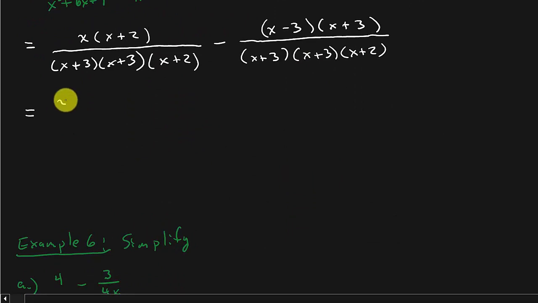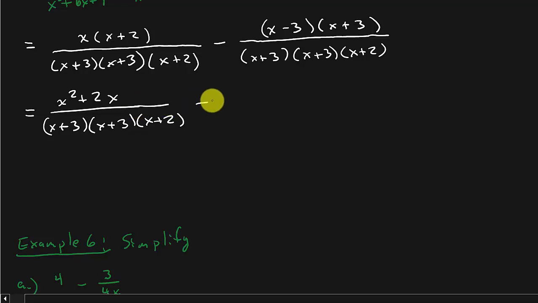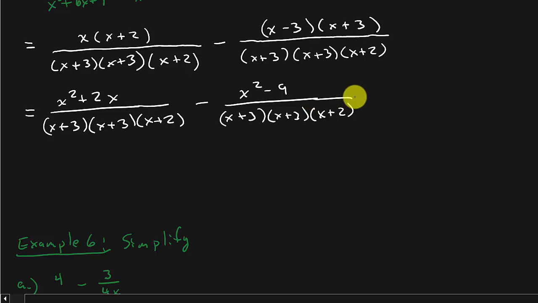Another thing you can do, you can go ahead and multiply them out before you even put it over the common denominator. So you can do that right there if you want to. Okay.